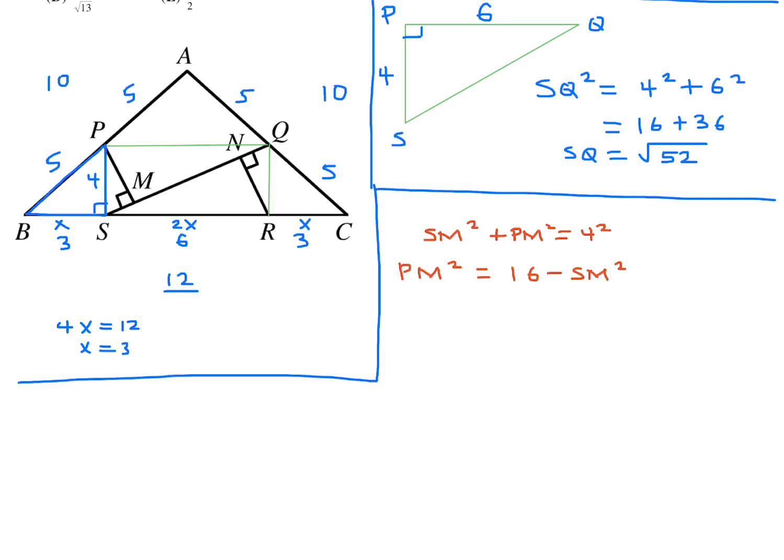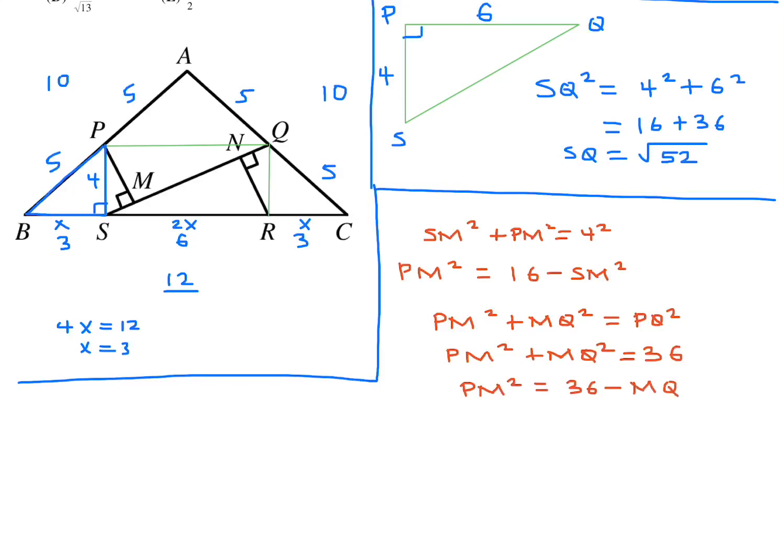Then I want you to look at the following triangle, PMQ. In that triangle, we have PM squared plus MQ squared is equal to PQ squared. PQ we know is 6, so it becomes 36. And therefore solving for PM squared is 36 minus MQ squared.